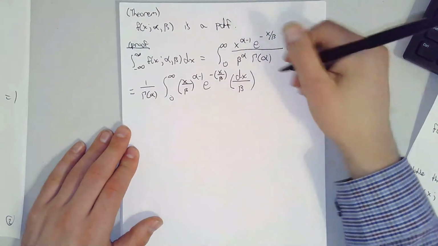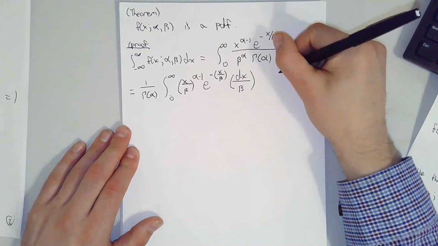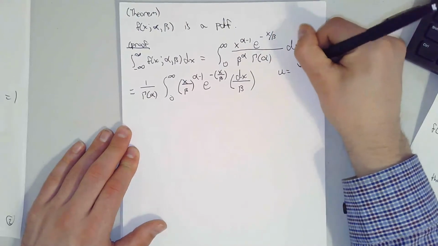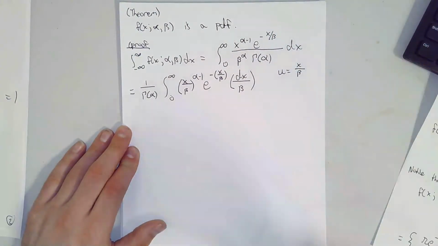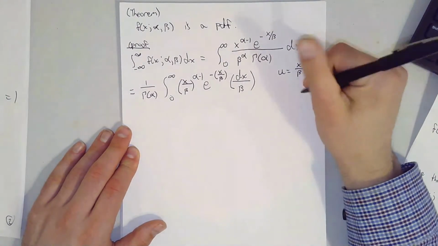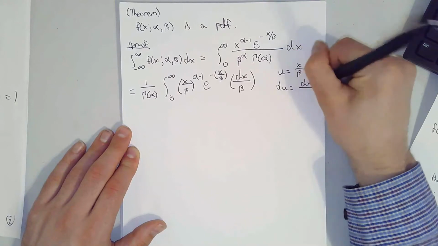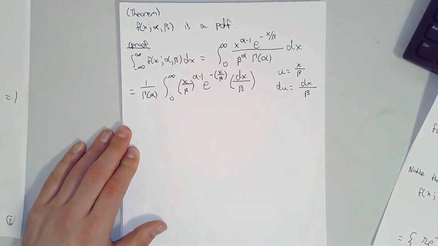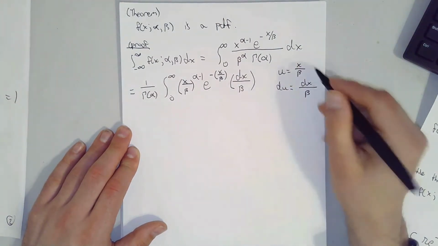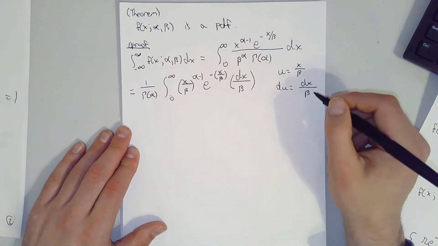So how are we going to do this? We're going to let u be equal to x over beta. So u equals x over beta, du is equal to dx over beta.